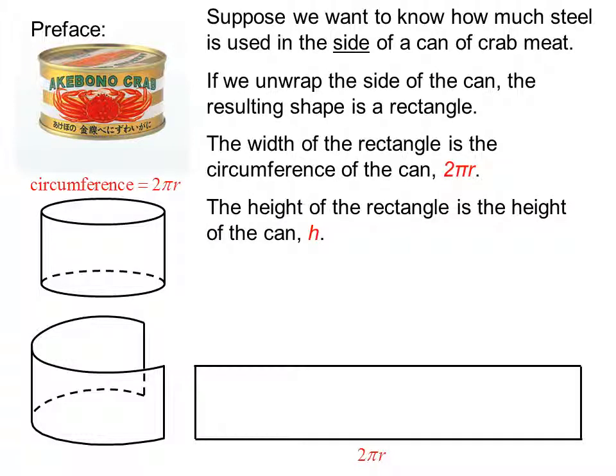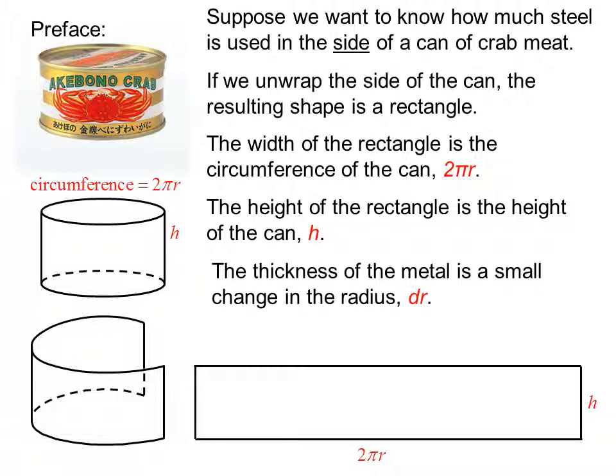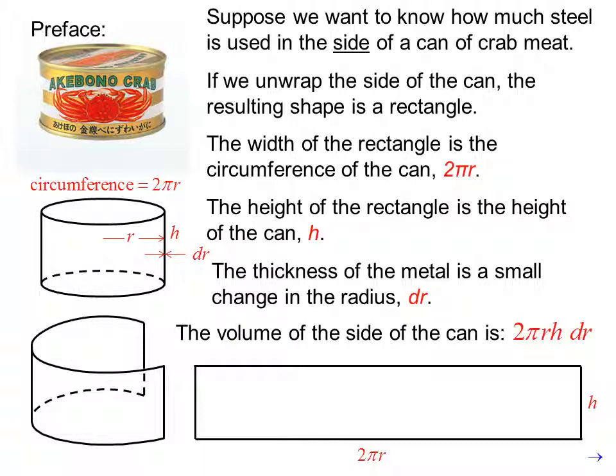The height of the rectangle is the height of the can, h. The thickness of the metal is a small change in the radius, dr. The volume of the side of the can is 2 pi r h dr.